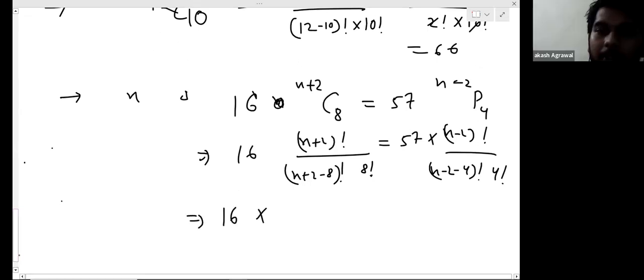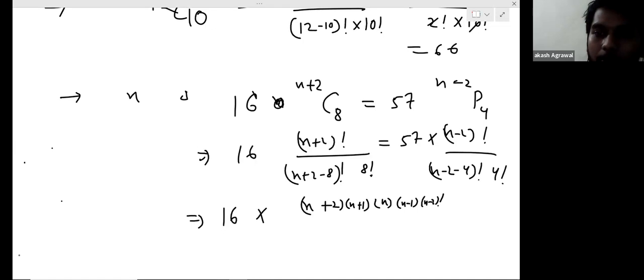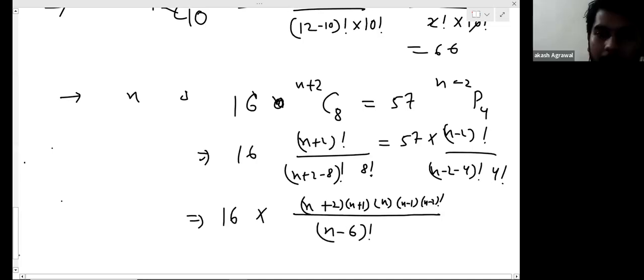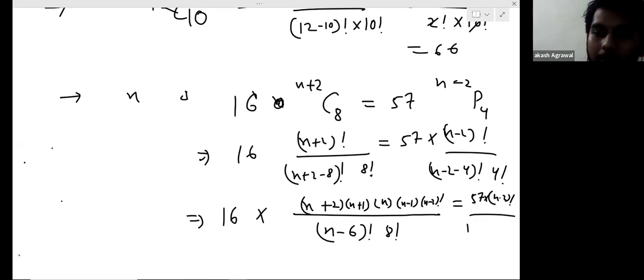So 16, let's simplify. This is n plus 2, n plus 1, n, n minus 1, n minus 2 factorial, n minus 6 factorial, 8 factorial equals 57 n minus 2 factorial divided by n minus 6 factorial, 4 factorial.